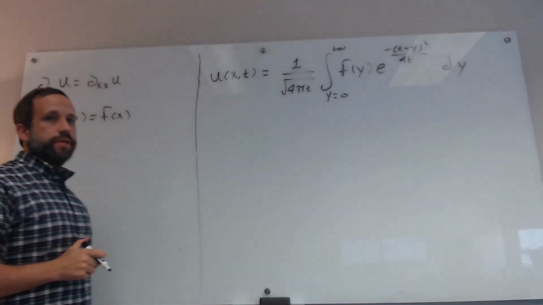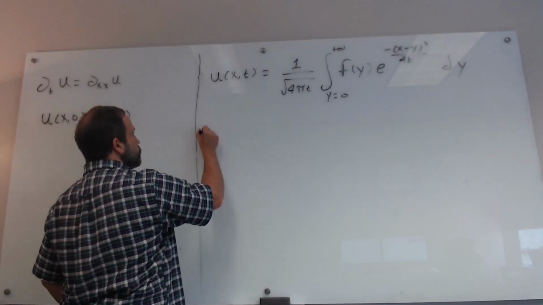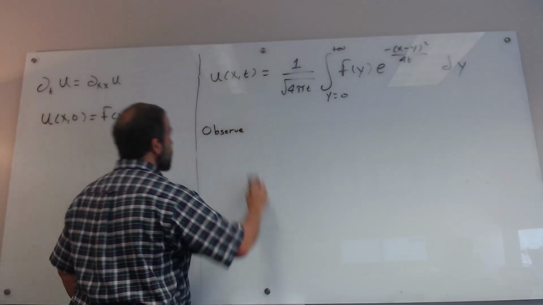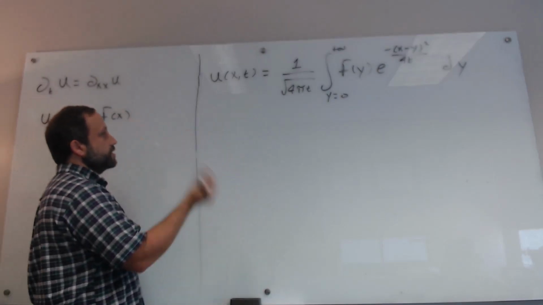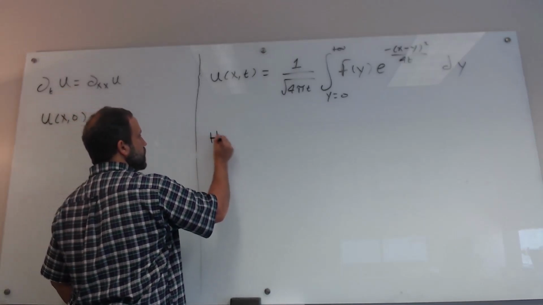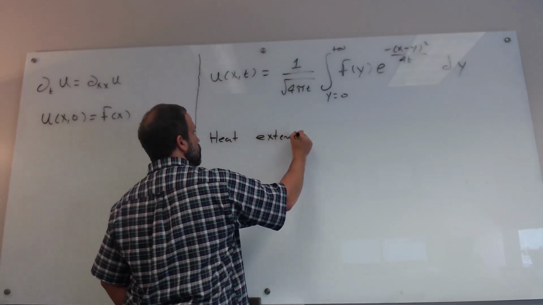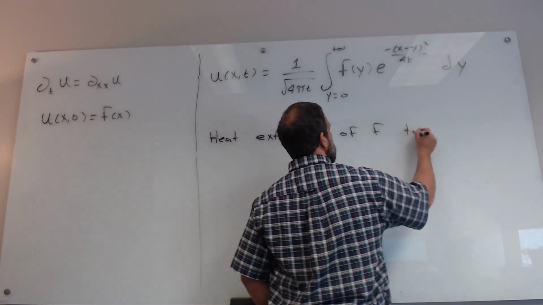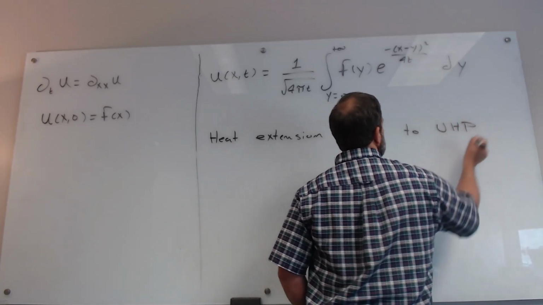Now there are a few properties that I want to mention about this. Actually, let me back up a little bit here. This has many different names, but one of the things it is called is the heat extension of f to the upper half plane, which I'm going to abbreviate as UHP.